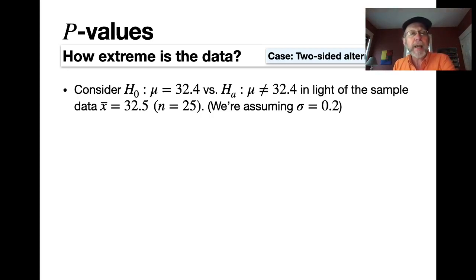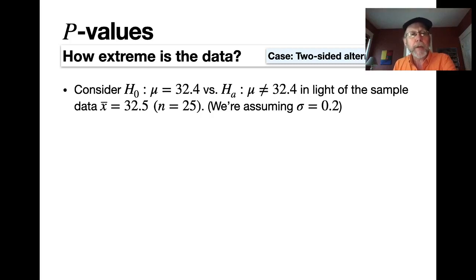And so we want to see how these hypotheses line up in light of the sample data, which was that an average weight of 32.5 ounces per box was obtained in an SRS of 25 boxes taken from the production line.